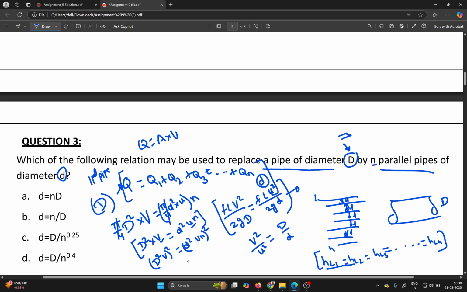So here V squared by u squared is equal to small d squared by capital D squared into n squared. And V squared by u squared is capital D by small d. Means capital D divided by small d is equal to small d squared divided by capital D squared into n squared. Let me write here.